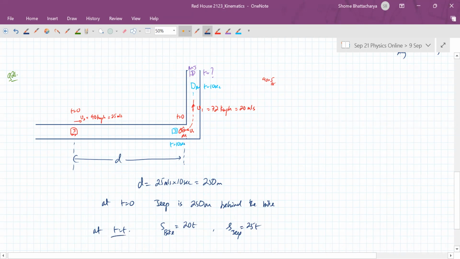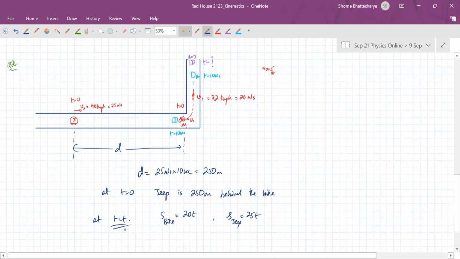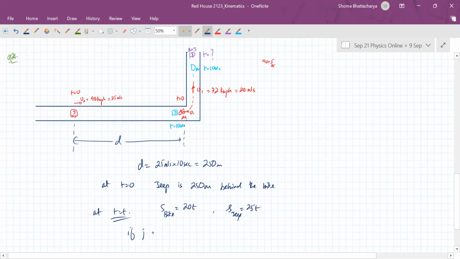So if at this time the jeep catches up with the bike, then the jeep should have traveled an extra distance compared to the bike of this.